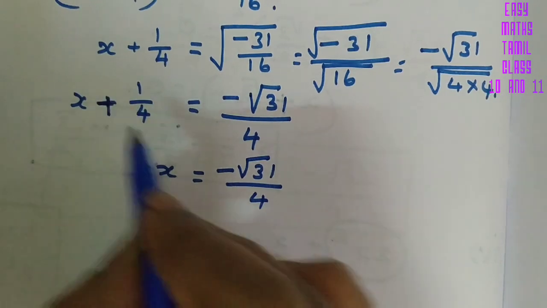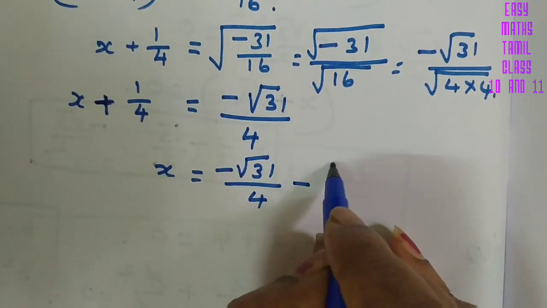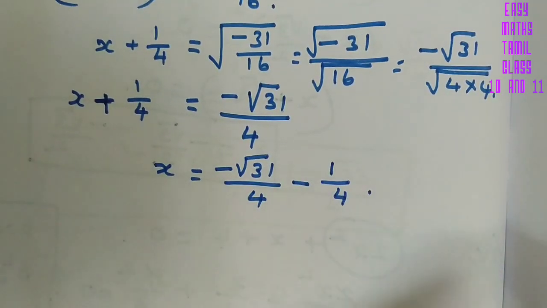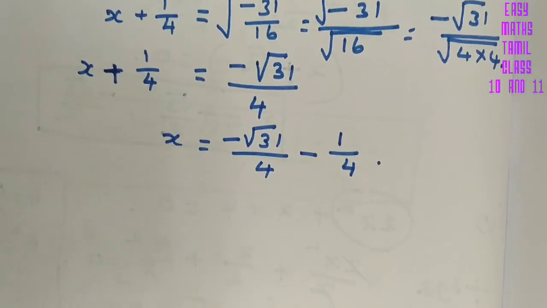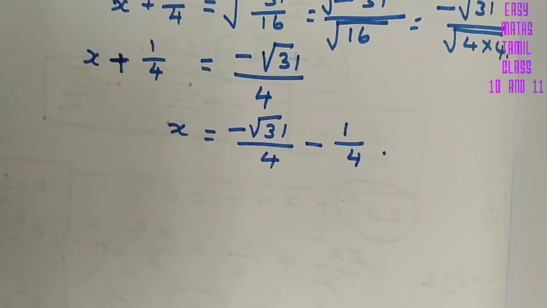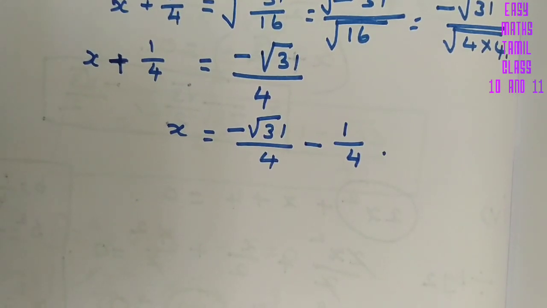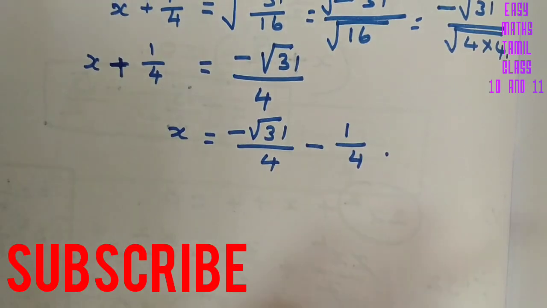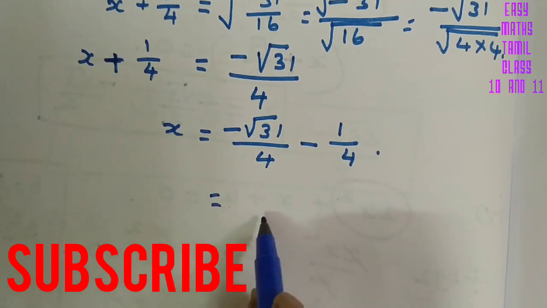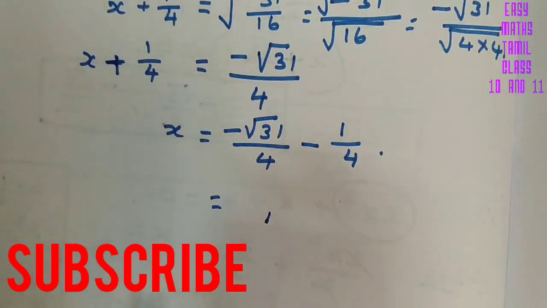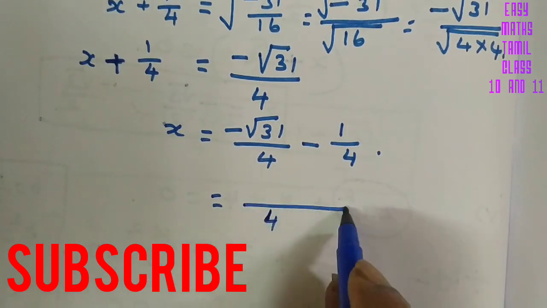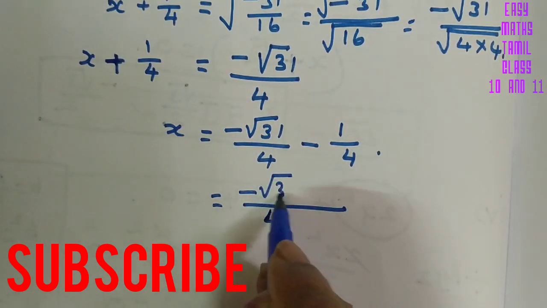Taking this plus value to the other side of this equation, this will become minus 1 by 4. So the answer is x equal to minus root 31 minus 1, by 4.